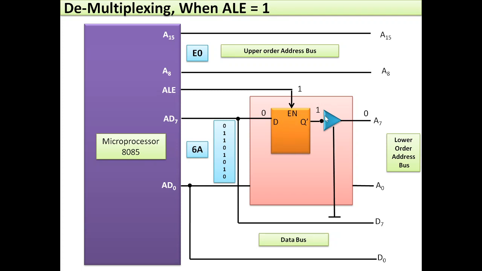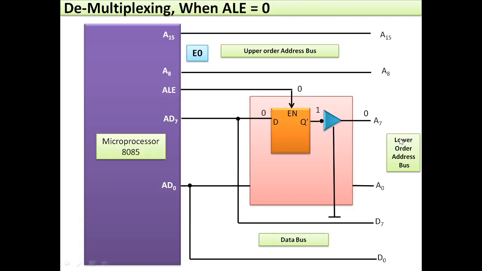If the input is 0, the output will be 1, and since it is an inverted output, it will again be 0. So the entire information which is available here will be available at the lower order address bus.